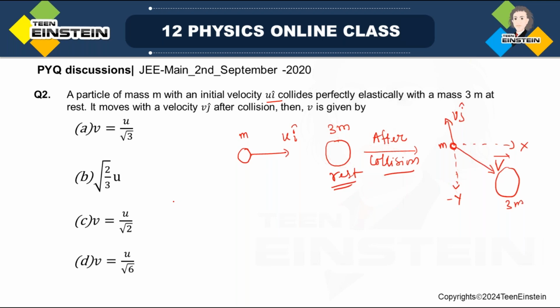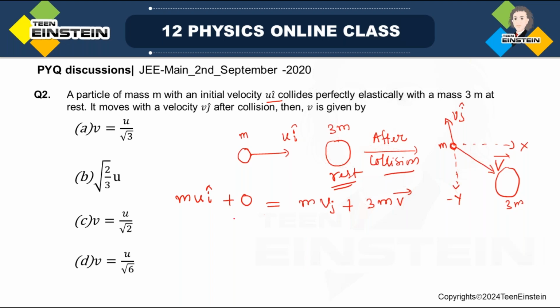So I'll write in terms of vector only. The initial momentum is this. This guy was not having any velocity, so this is the initial momentum. The final momentum will be mvj plus 3m capital P vector, I am writing.